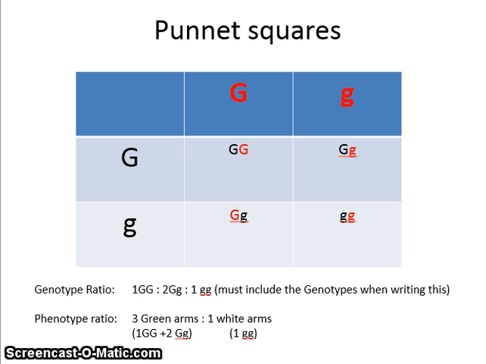Whereas if you had a capital G, little g, crossed with a little g little g individual, that would correspond to a 50% to 50% ratio of the two different phenotypes that are available. So you can be expected to work backwards as well as forward with these sorts of Punnett squares.